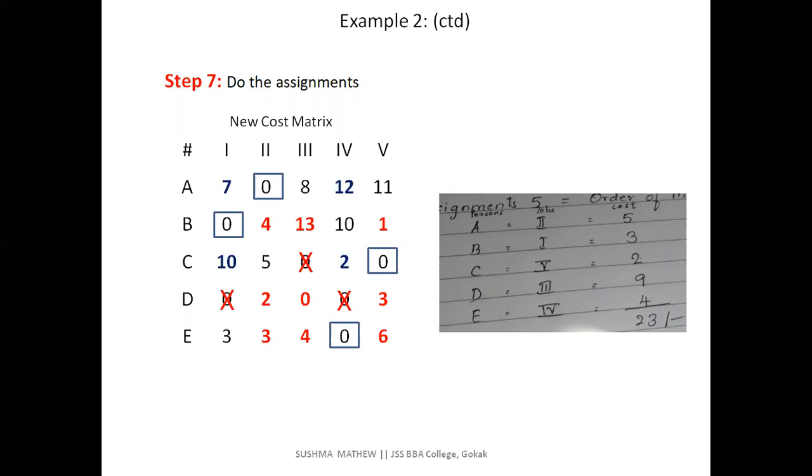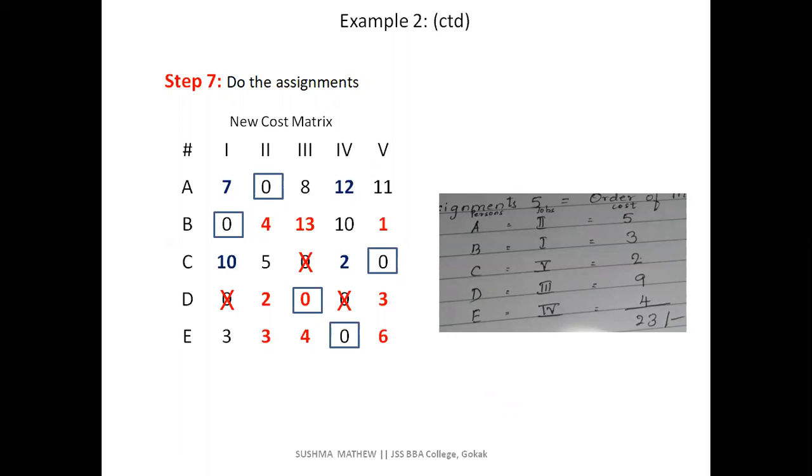I just need to cross mark that. Can you see that? Yes, ma'am. Now there is still one more 0 in the third column. Can you see that? Here. Yes, ma'am. Now assign there.